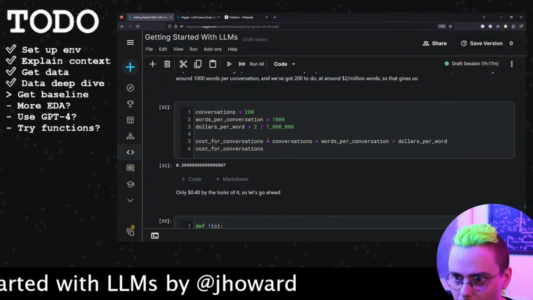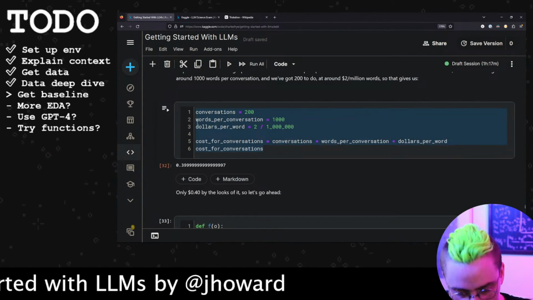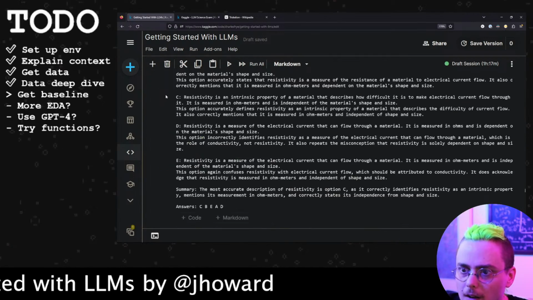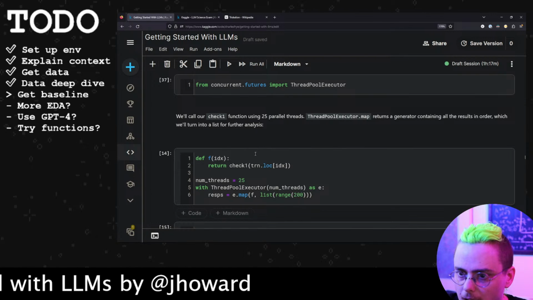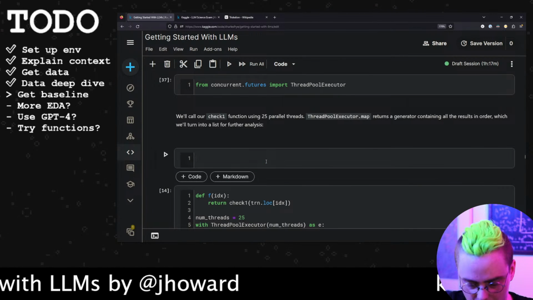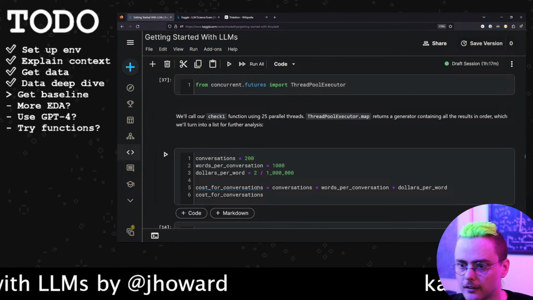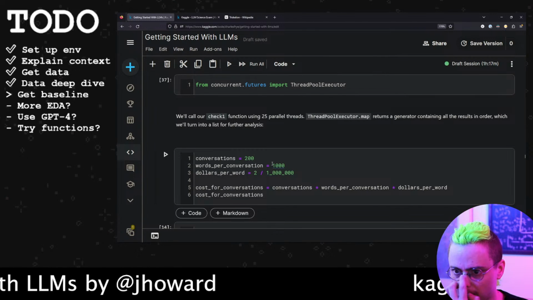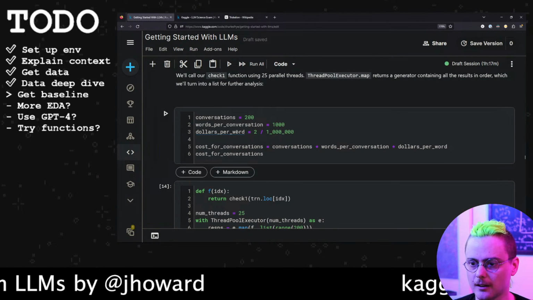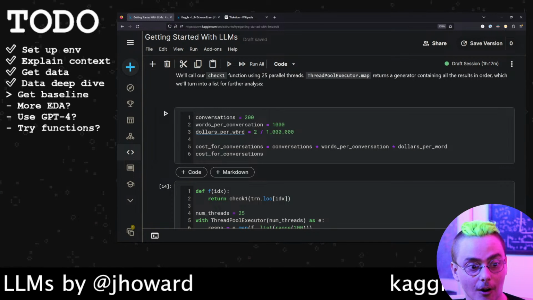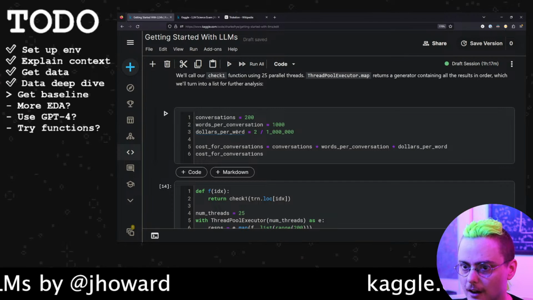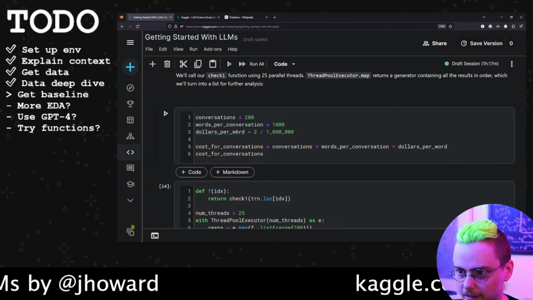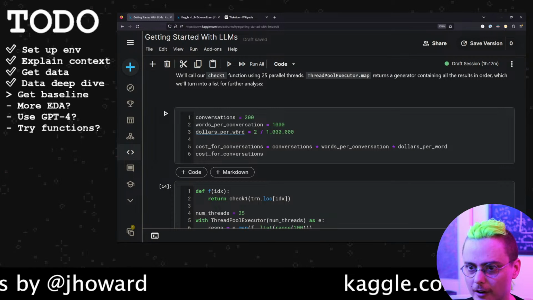Sorry for scrolling really fast. Let me go all the way back up here and put that in. We want to do a quick check of how much it's going to cost us to run this cell, given that we're about to query this external API.